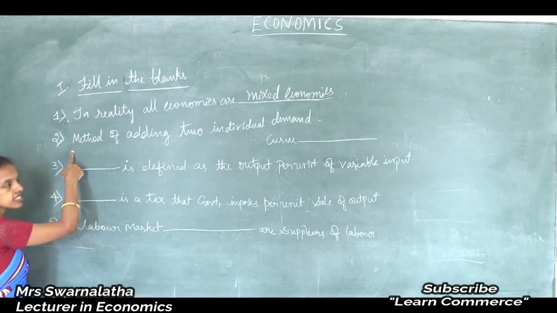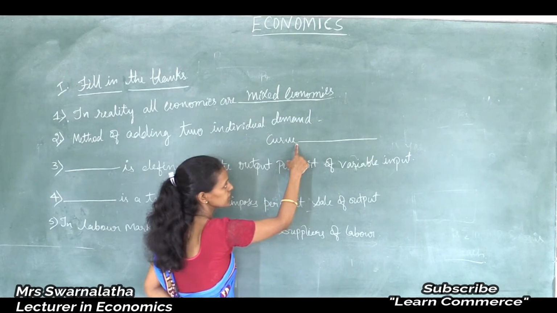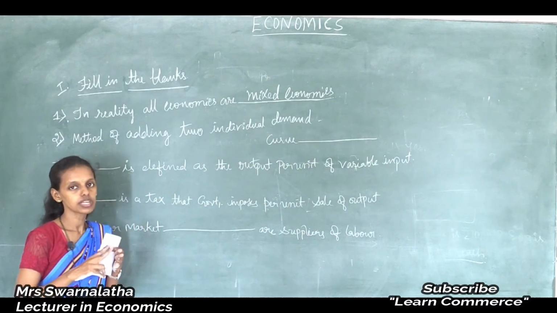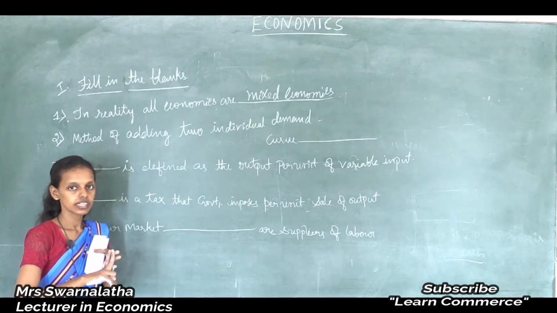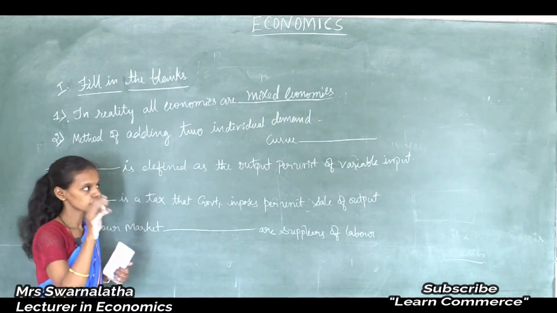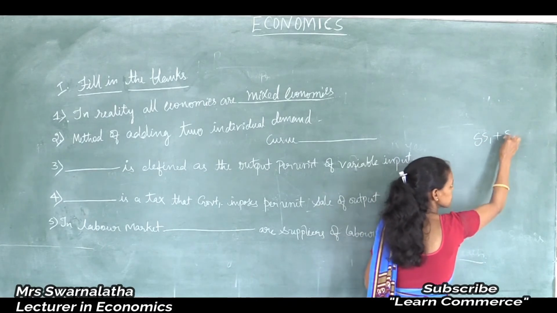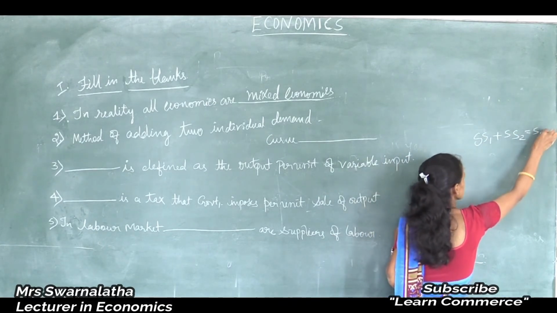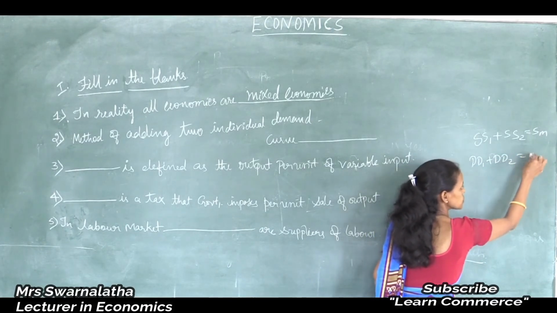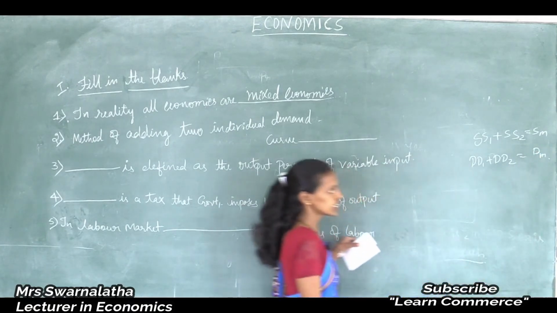Second one is method of adding 2 individual demand curves is dash. Add up of 2 individual demand curves, as I said, DD1 plus DD2 is equal to market demand, as we studied in the supply curve, SS1 plus SS2 is equal to SM, and DD1 plus DD2 is equal to DM, market demand.